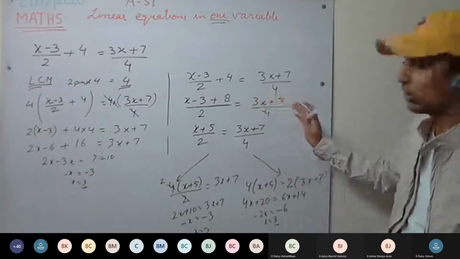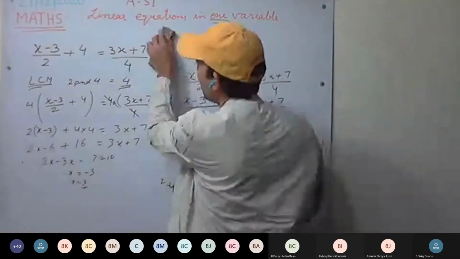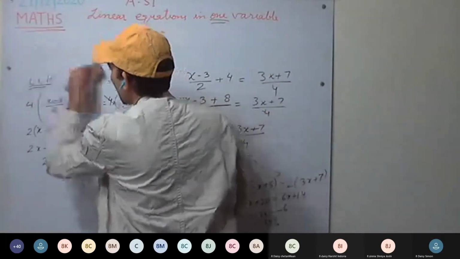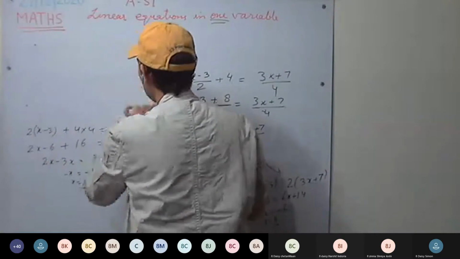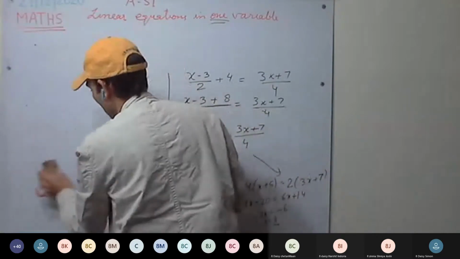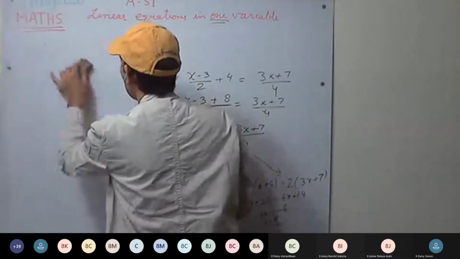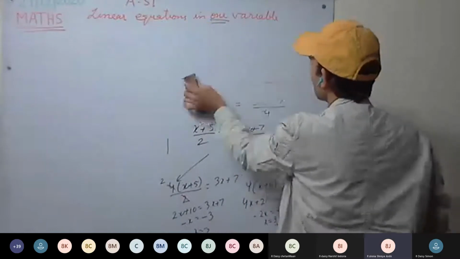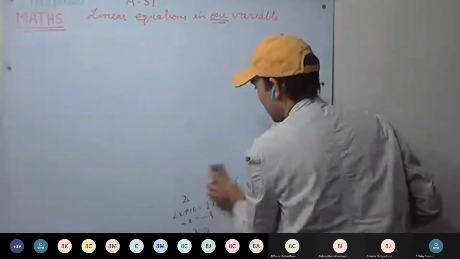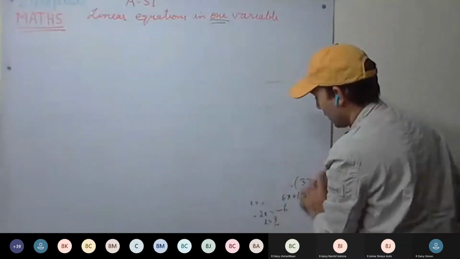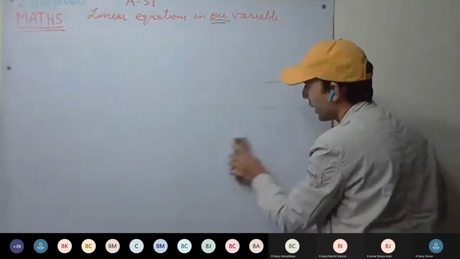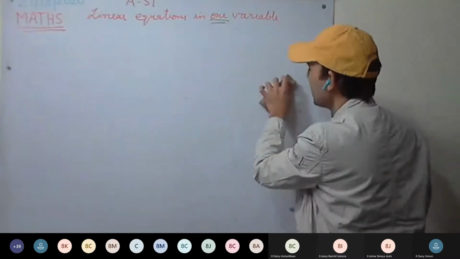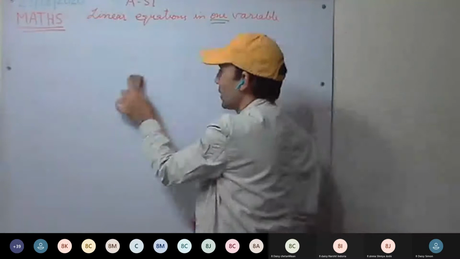Understood this one? May I rub now? Yes, sir. Okay, now do the third second. Good. Keep doing the third second. And if you go by the easiest way, whichever seems easiest, we will prefer that one.